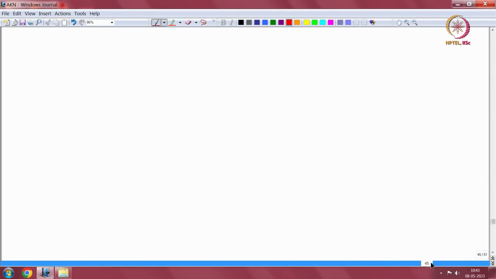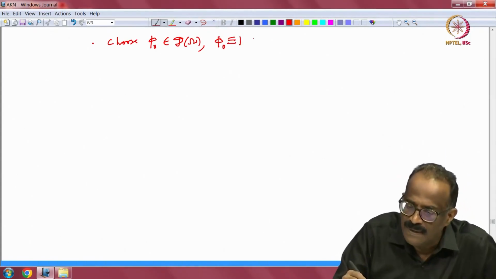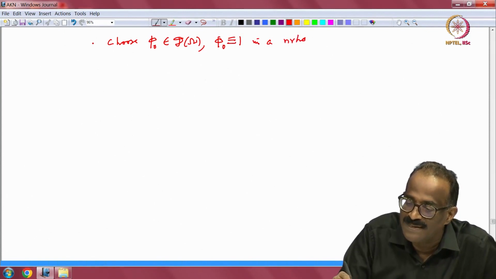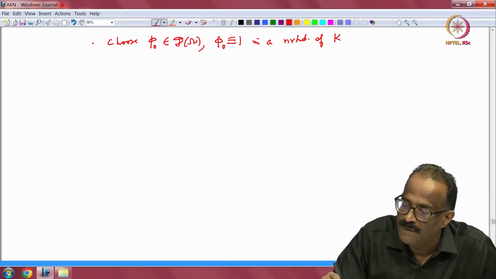So, this is our trick. That is all the trick: choose phi naught in D of omega with phi naught identically 1 in a neighborhood of K1. This is exactly what I said, to get that bigger neighborhood of K1.